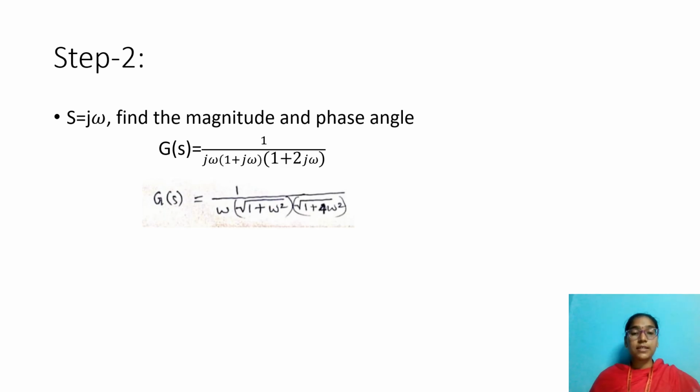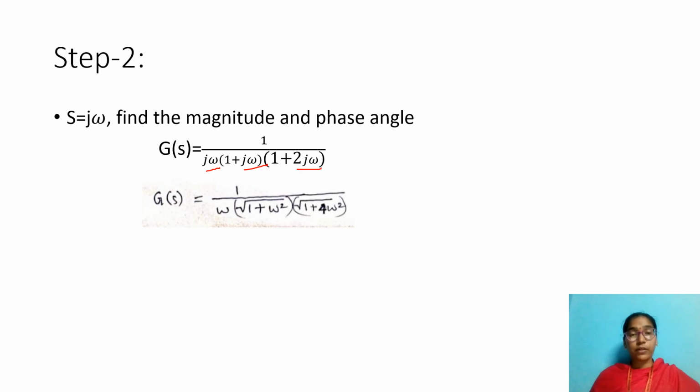The function is G(S) equals 1 by S into (1 plus S) into (1 plus 2S). Substituting j omega in place of S, we get 1 by j omega into (1 plus j omega) into (1 plus 2j omega).